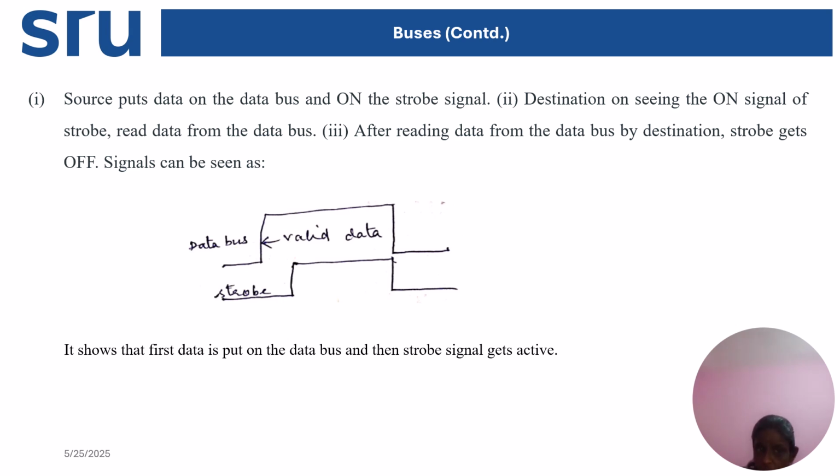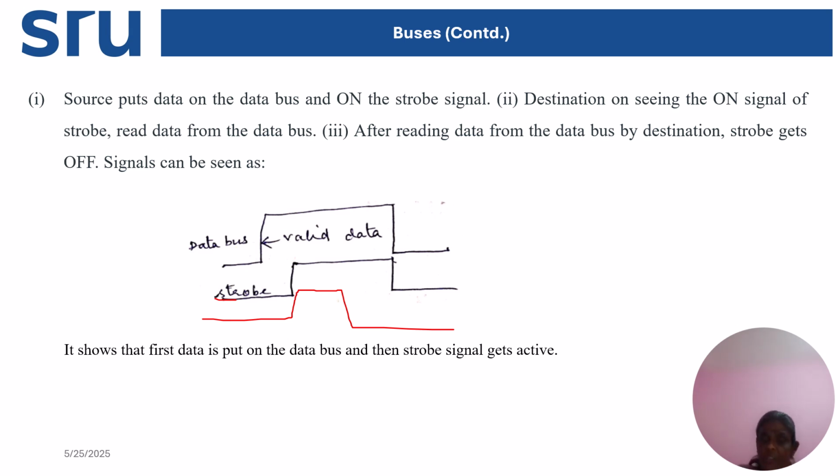First, the strobe signal is sent by the source to the destination. Sorry, first the source has to put the data in the data bus. So valid data is kept in the data bus.